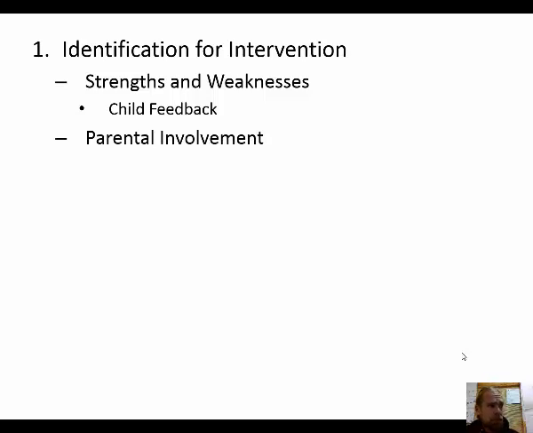This is the first time when a child goes to school at age 3 or 4 or 5 or 6 that they've encountered somebody else besides their parent or grandparent or guardian that is able to evaluate where the child is and help provide them feedback so that they can grow.